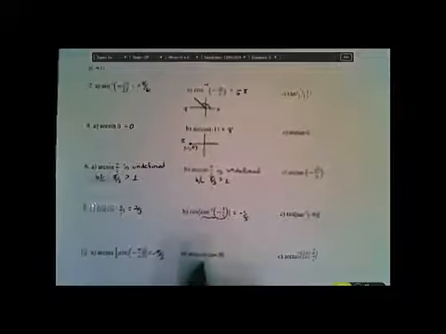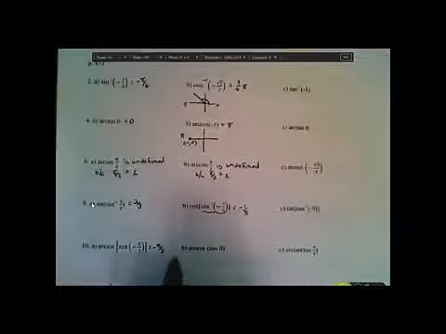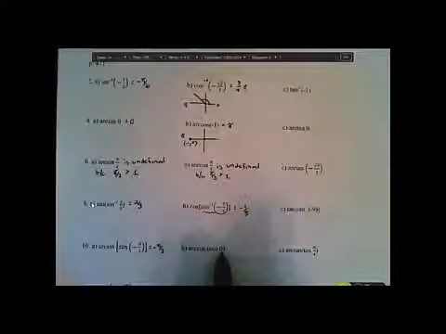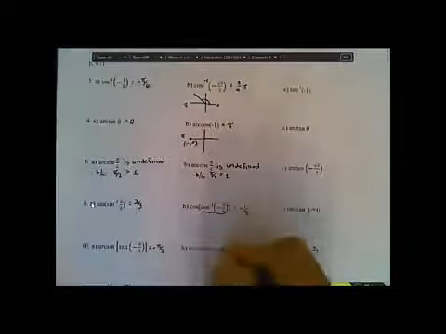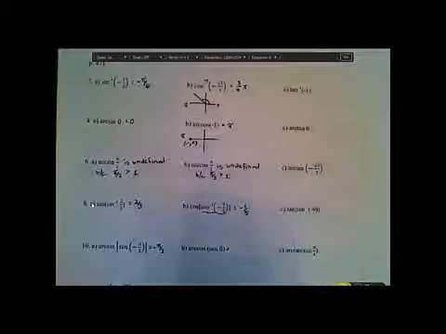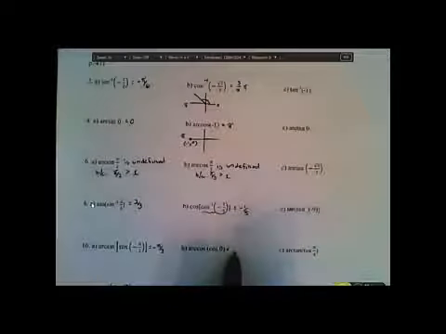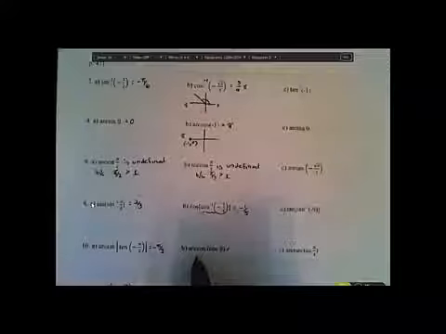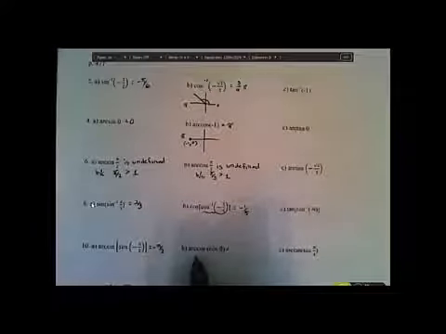In the B part of number 10, I'd like to say arc cosine of 0 is 0. I'd like to just say they undo each other. But before I can say that, I have to think, is 0 an answer that arc cosine can give me? Arc cosine always gives me a value between 0 and pi, inclusive.